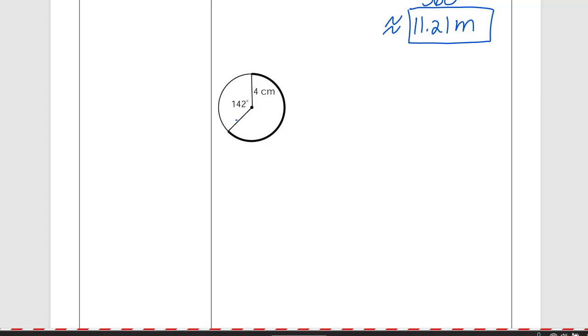All right, let's look at the next example. Here we're given this central angle, which means in order to find X, we have to do 360 minus 142. So X is 218. We have a radius of 4, so our circumference is 8 pi, because it is the diameter times pi.